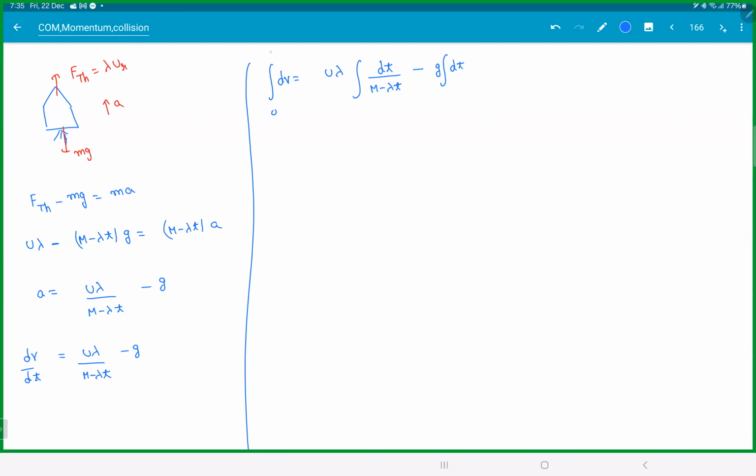This will go from 0 to v and that will go from 0 to t. Now in case you forgot the integration, the integral of dx by (ax plus b) will be 1 by a ln(ax plus b). So this will be u lambda into minus 1 by lambda ln(m minus lambda t) from 0 to t.